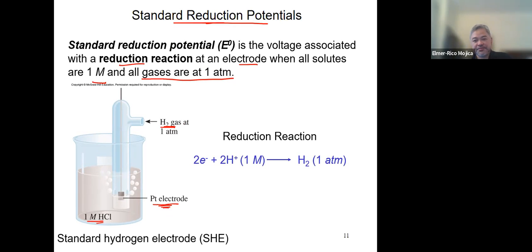How do you write the oxidation reaction for this? Anyone? How do you write the reduction potential, the oxidation reaction for this?